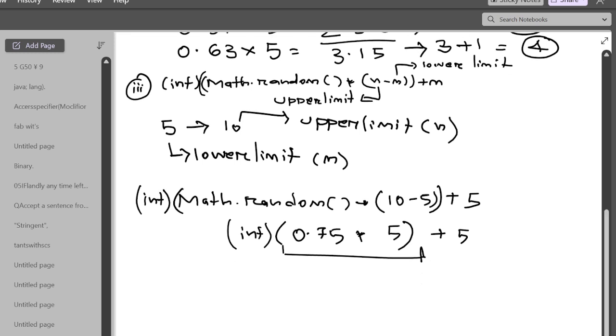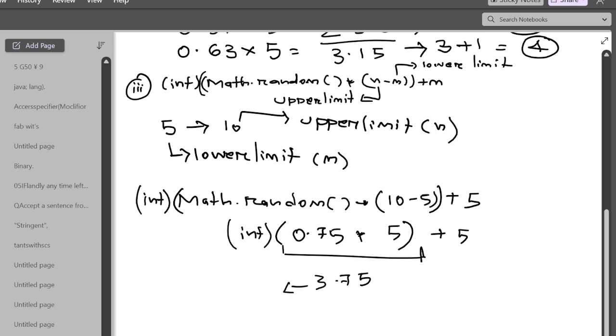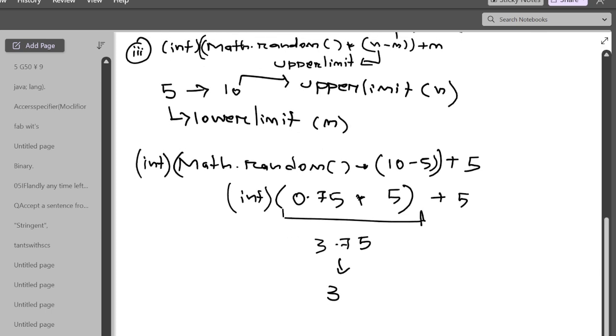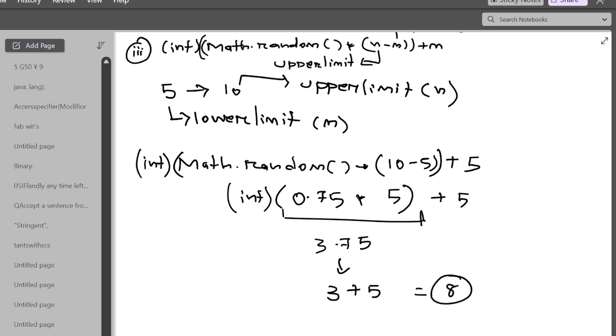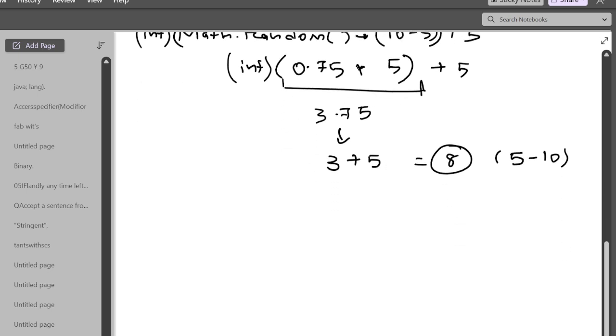Now let's find the solution. 5 5s are 25, 5 7s are 35, so 3.75. Now integer of 3.75 is 3, since we know that the decimal part is ignored every time. Plus 5, so what's the answer? I'm getting 8. Yes, this 8 lies between 5 to 10. This is the range.